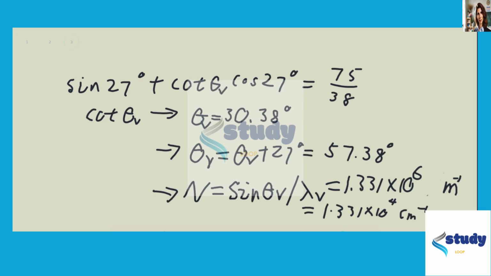We can expand this, and to solve that equation, we can solve for the cotangent of theta v numerically. After we get the value of cotangent theta v, we get theta v equals 30.38 degrees.